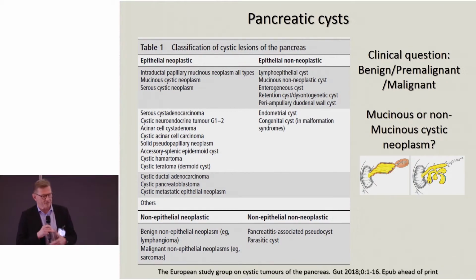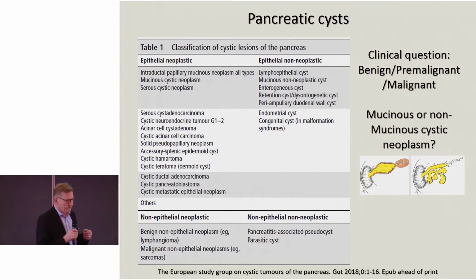The clinical question is, whenever we see a cyst, is it a benign cyst? Or is it a pre-malignant cyst, or is it even malignant? Is it a benign cyst with a pre-malignant potential?